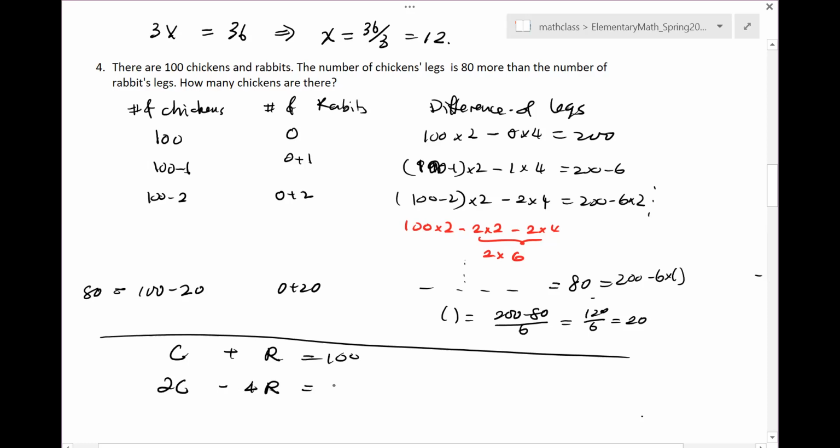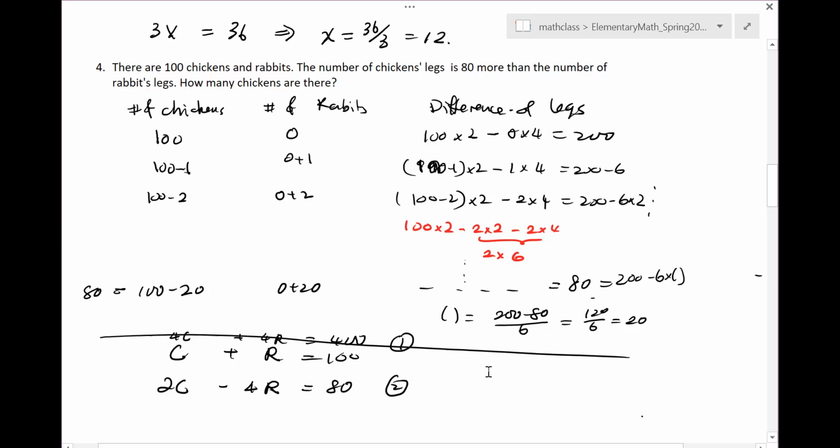The difference should be equal to 80, okay? You want to find the number of the chicken. So what you're going to do is get rid of R, right? So you multiply the first equation by 4. So it's 4C plus 4R equals 400, okay? That'll be my equation 1, that'll be equation 2.